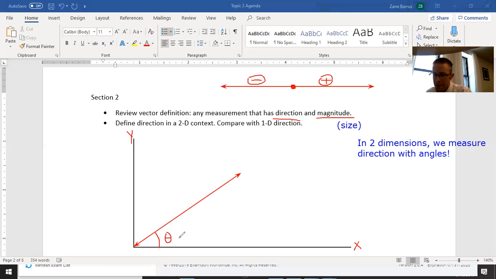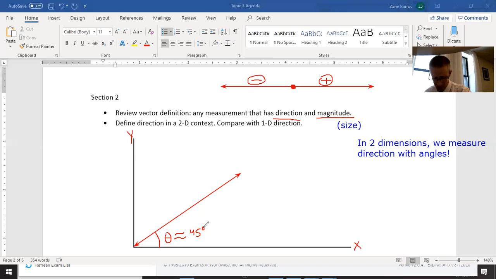But just keep in mind, we always measure theta from the positive x-axis. This looks like it could be about maybe 45 degrees. So that's what direction looks like in a 2-dimensional context. 1-dimensional is up above in that little drawing. That's really all section 2 goes into.